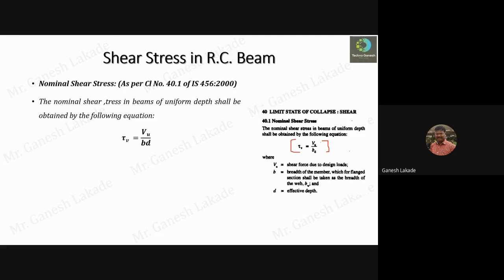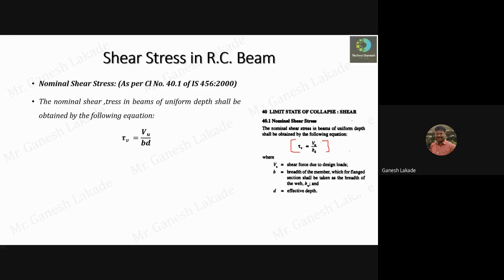They can ask the equation, cancelling any term, or in words also. So you must be able to define the meaning of nominal shear stress. Nominal shear stress is the shear stress developed due to the application of design shear force over an effective cross-sectional area of the beam.